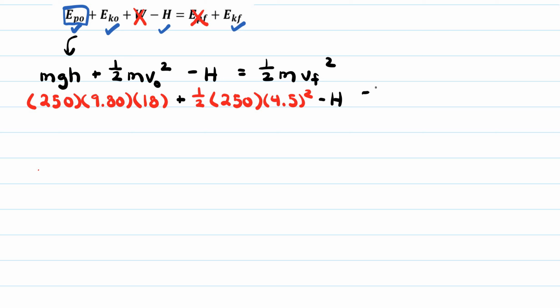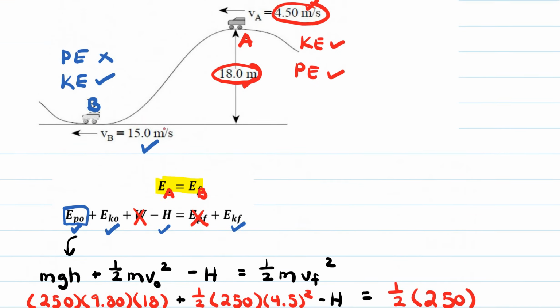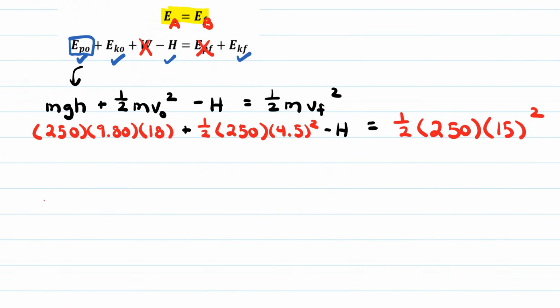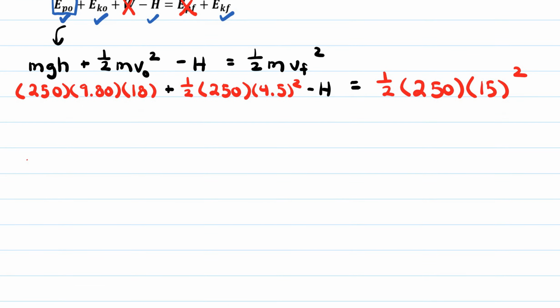At the very end, we have the final kinetic energy, which is 1/2 times the mass, 250, times the final speed. Going back to my diagram, my final speed was 15, so this is 15 meters per second, all squared. Let's start calculating.